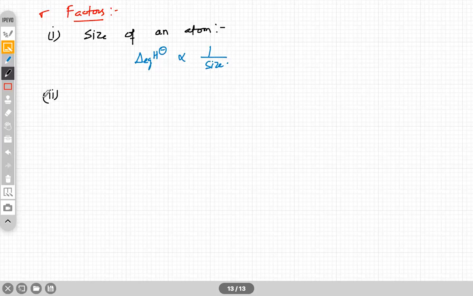Second point, effective nuclear charge, Z effective. As Z effective is more, delta H negative is also more.